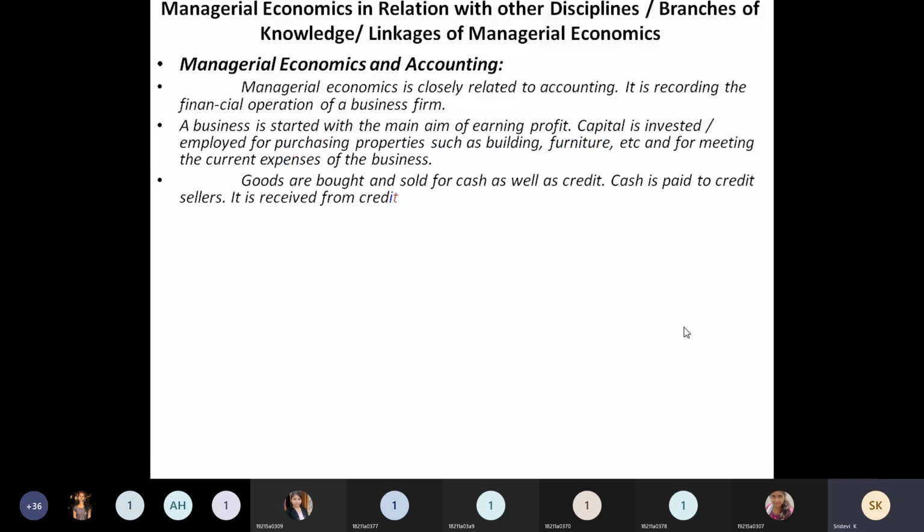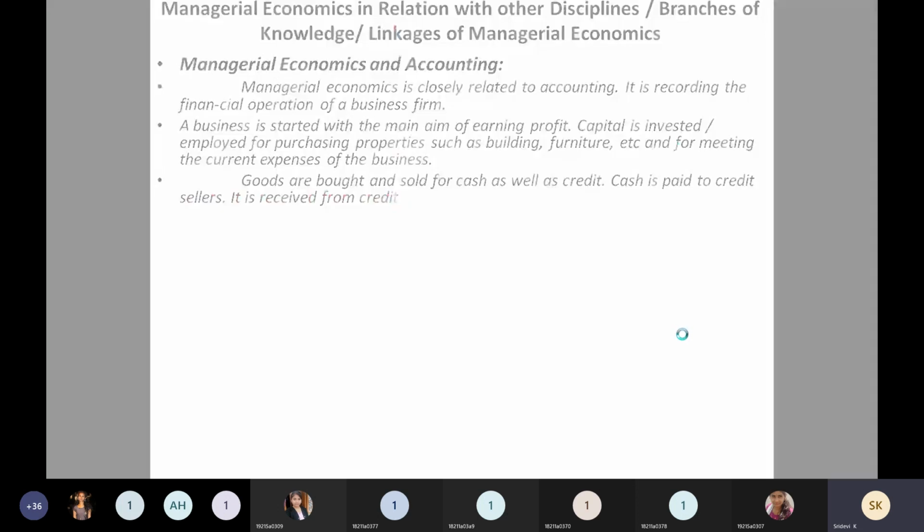Accounting is also one of the things you need to analyze: how the capital is invested, how the assets and liabilities are, how the profits are, how the expenditures are. You need to maintain accounts. Then only you can easily identify what the exact profit is.